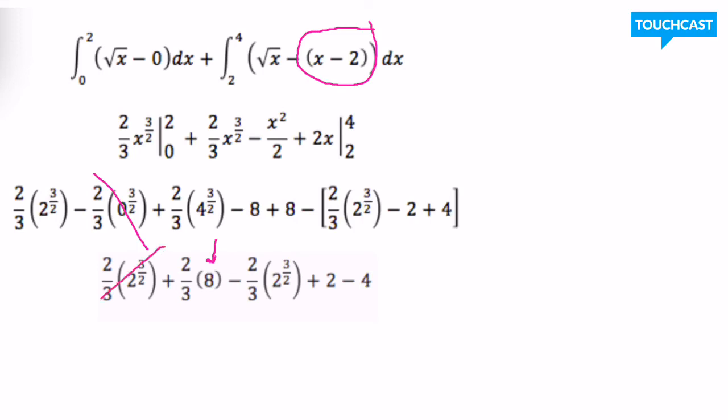I happen to have this 2/3 2 to the 3/2 and this 2/3 2 to the 3/2 cancel out, which is good because there's no way to evaluate 2 to the 3/2. I would have had to just leave it like that. And then 2/3 times 8 is 16/3. Take away this 2, which leaves me an answer of 10/3.